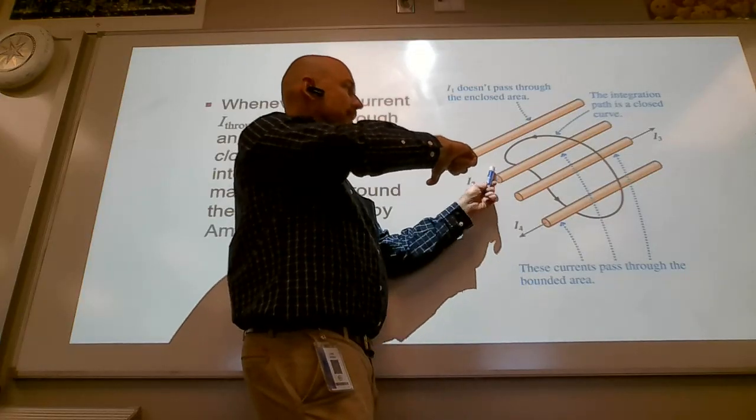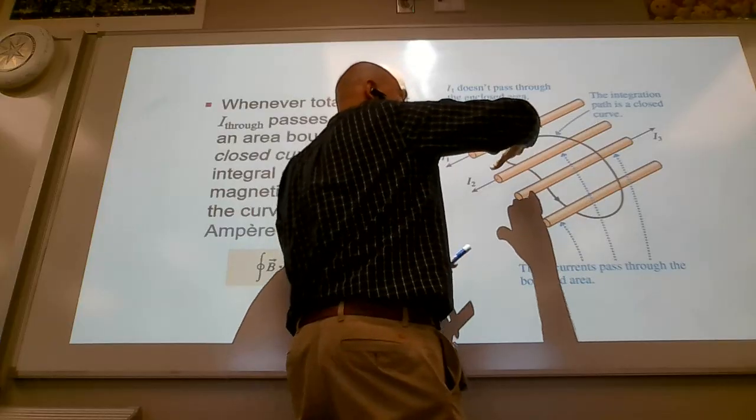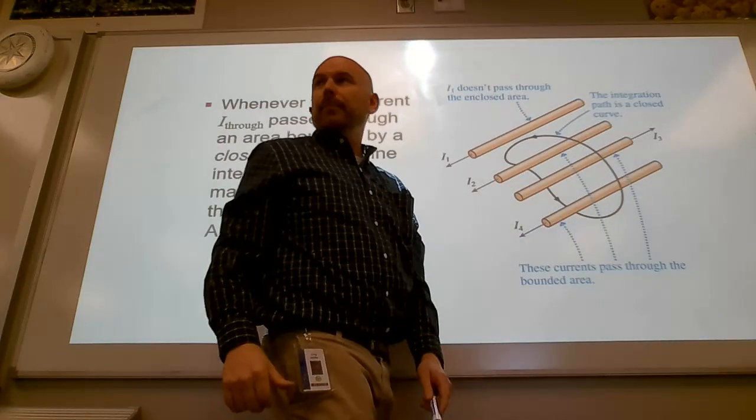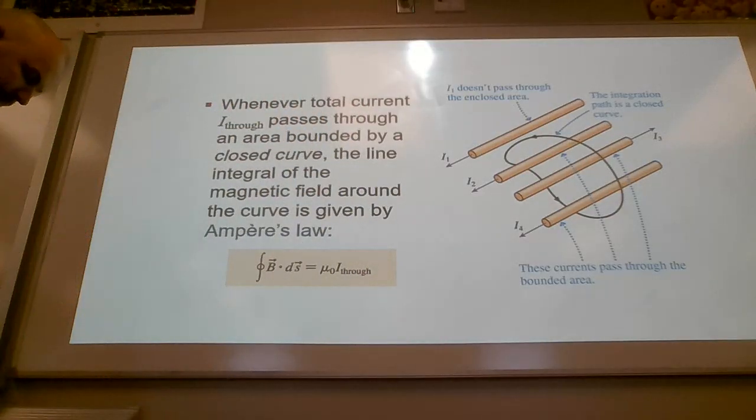So these have positive currents. Your thumb is pointing in the direction of the current, and this one will have a negative current. For the current in the enclosed loop, good.